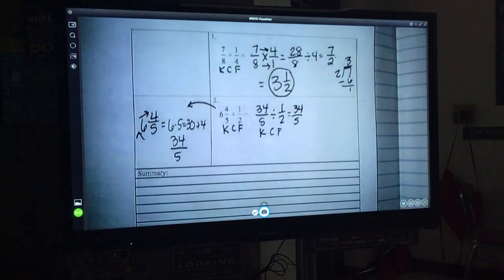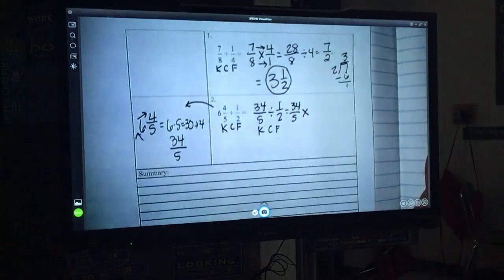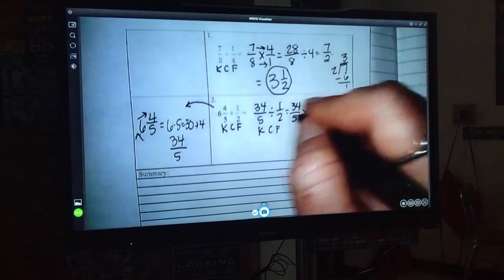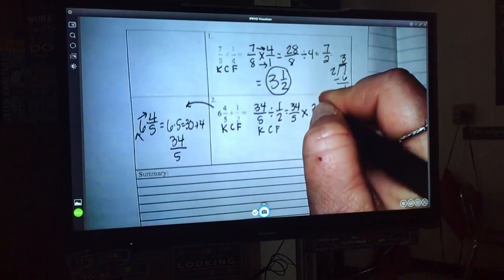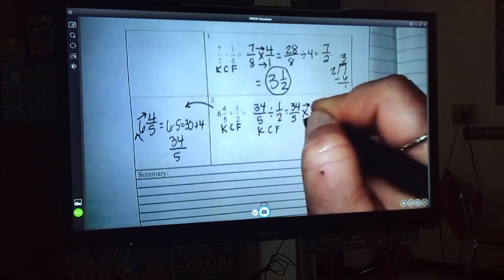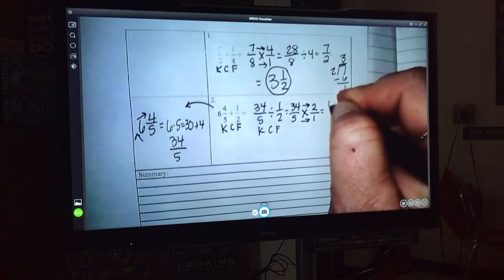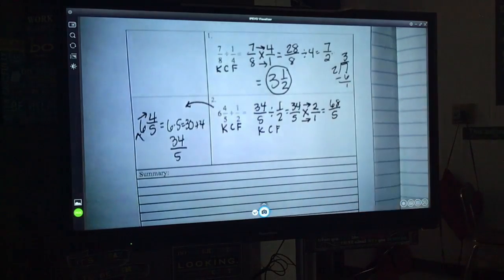What does keep, change, flip mean? Okay, then what? Alright, what do I get when I multiply straight across? And then what?